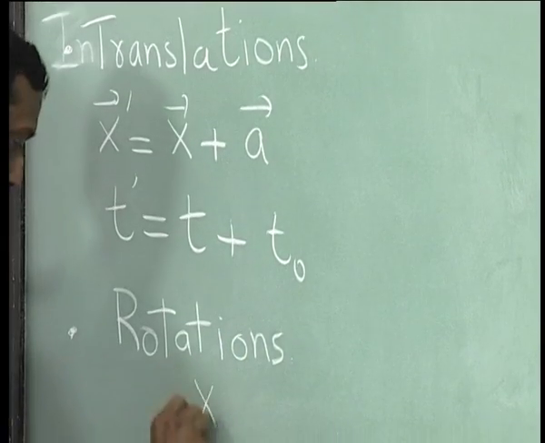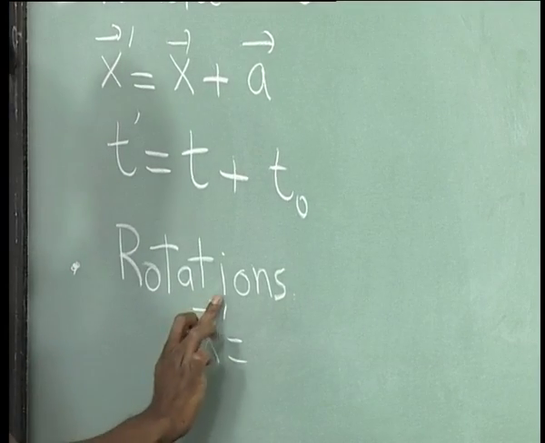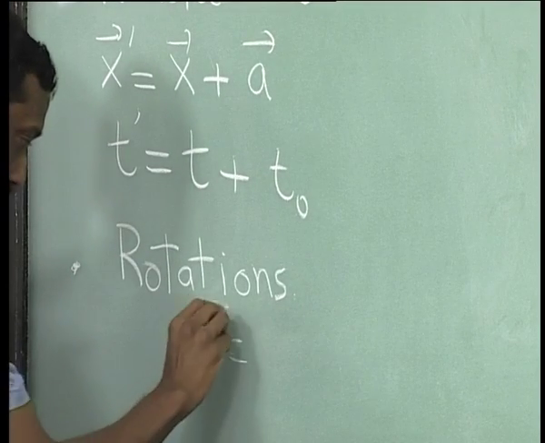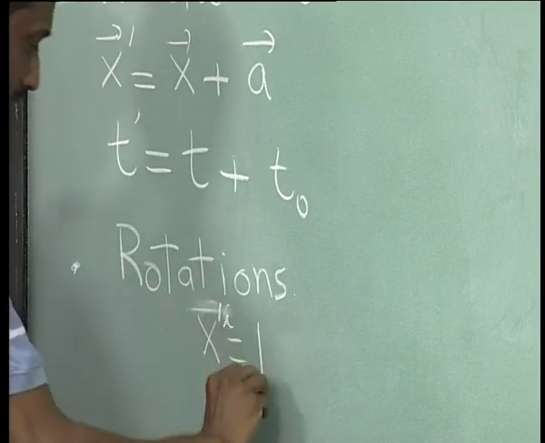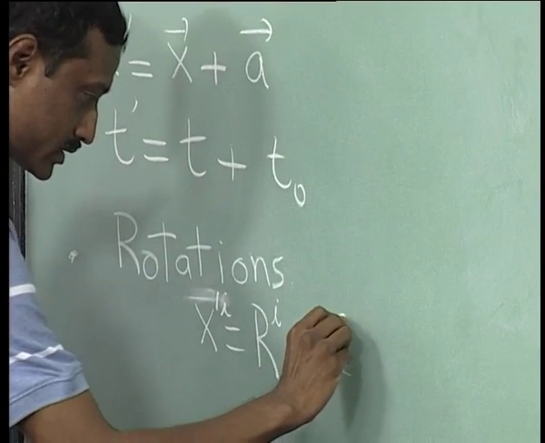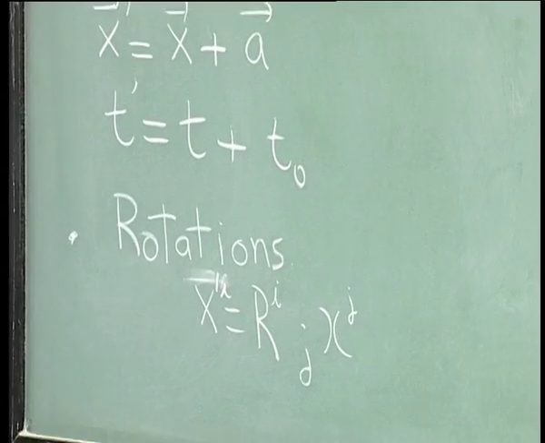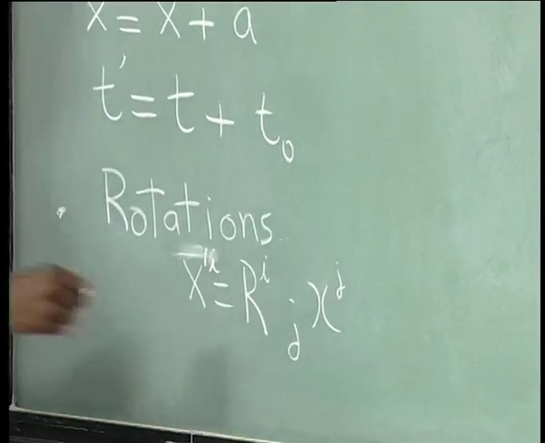In other words, x prime, let us put some index structure to this. X prime i is some matrix R i j x j, again Einstein summation, where R is a rotation matrix.